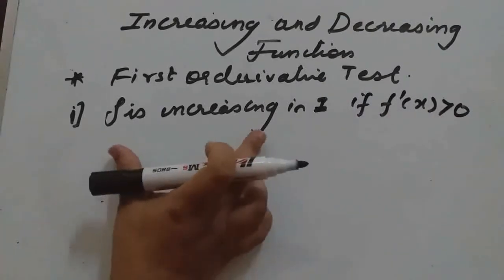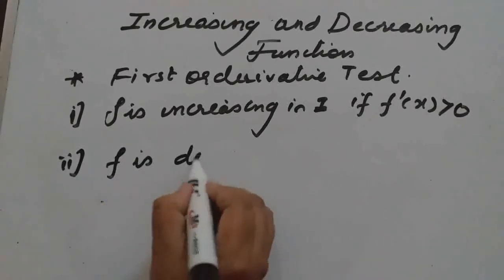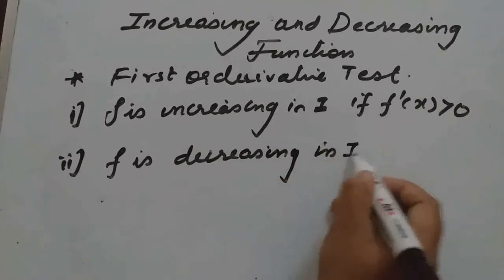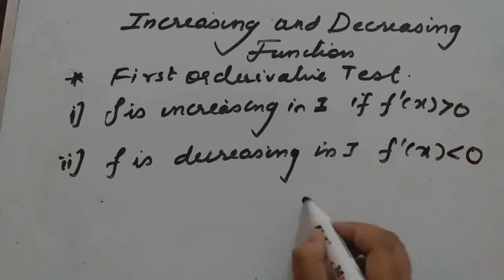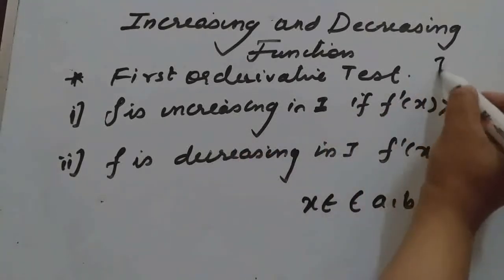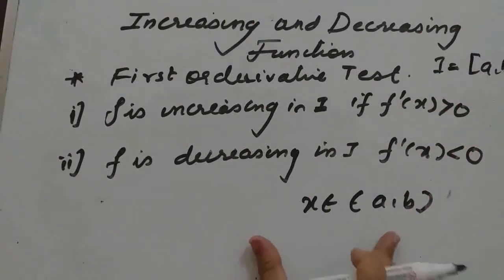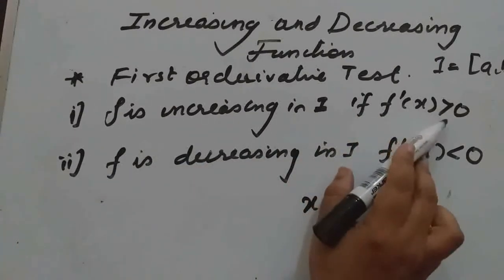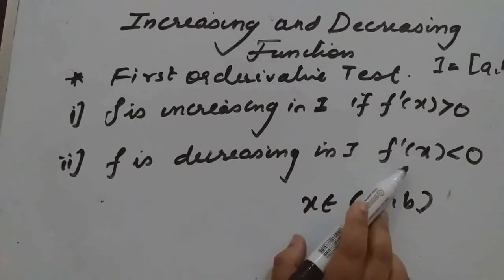And second case, the function is decreasing in I if f dash of x is negative, for x belonging to a comma b. Suppose I considered an interval ab, so this should happen. The function is increasing if the derivative is greater than 0, and decreasing if the derivative is less than 0.